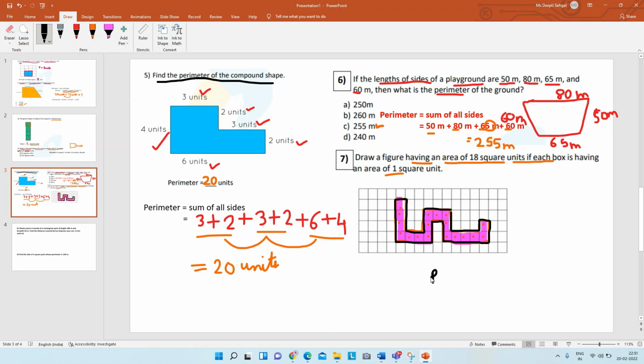So the perimeter is 38 units. The perimeter is 38 units. आप जो भी फिगर बनाओगे आप उसका पेरीमीटर भी जरूर निकालना.